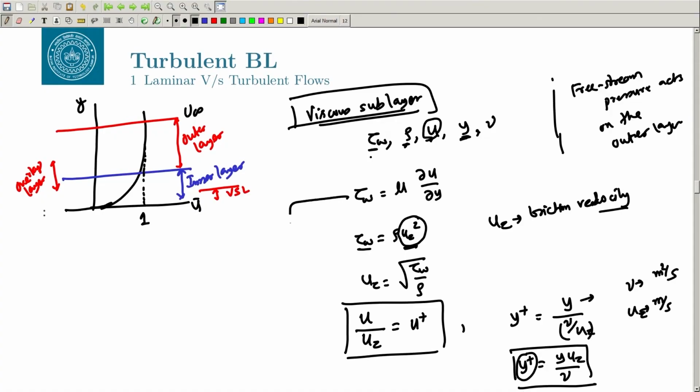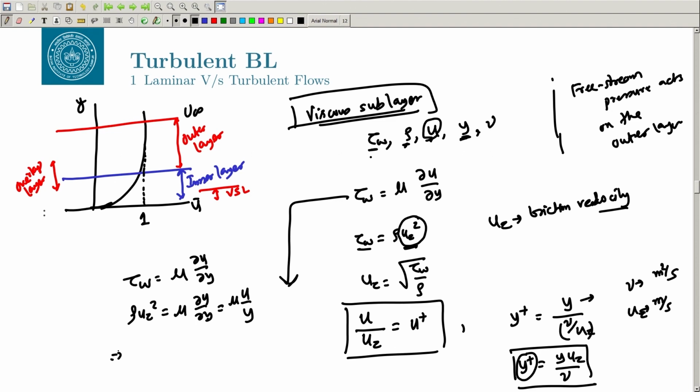So, if you write all this in terms of these, tau w is equal to mu del u by del y. You can write it as rho u tau square is equal to mu del u by del y, and because it varies linearly, you can just write u by y, since we are talking about the layer very close to the body.